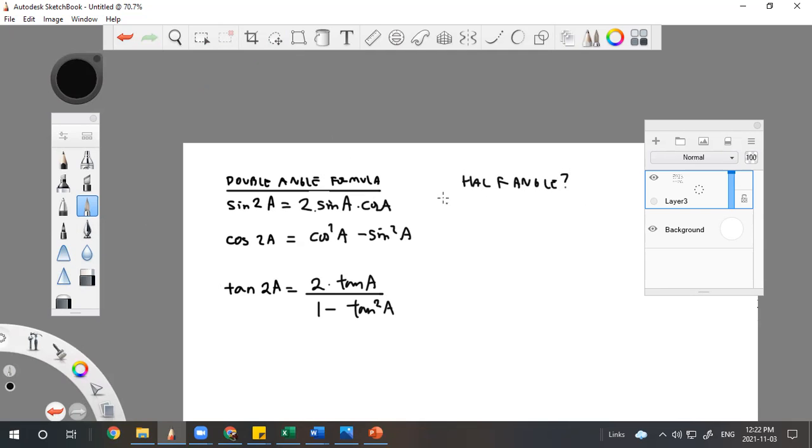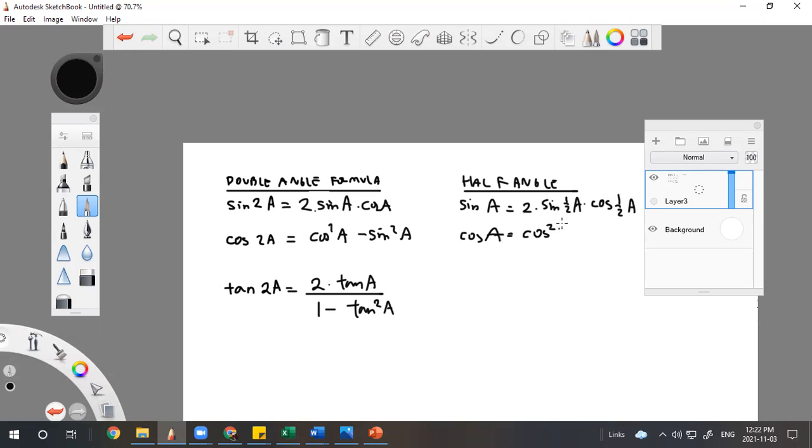If half angle, this is only applied for cos, because for sine no need. I think for sine it's simply like this. Sine A equals 2 times sine half A times cos half A. And cos 2A or cos A, I just divide the 2A by 2.